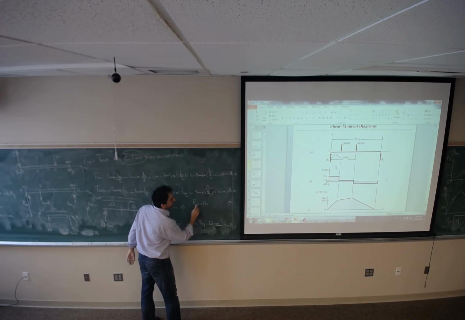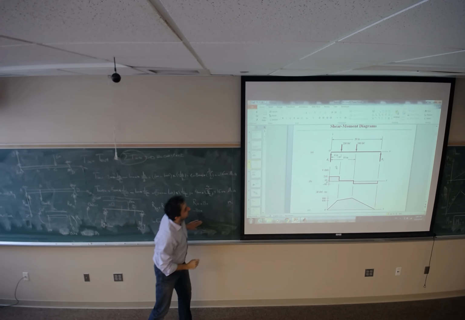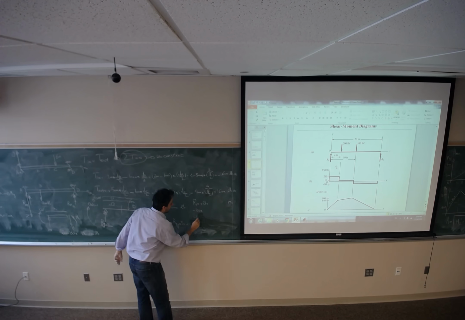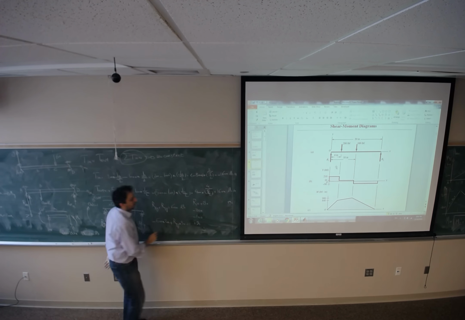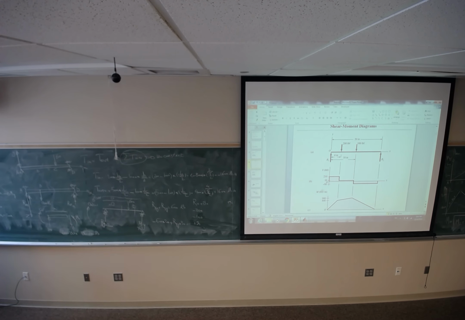The second force is negative 200. Third force is negative 100. And the last one is positive 90. So I'm going to enter 210, negative 200, negative 100, and positive 90.